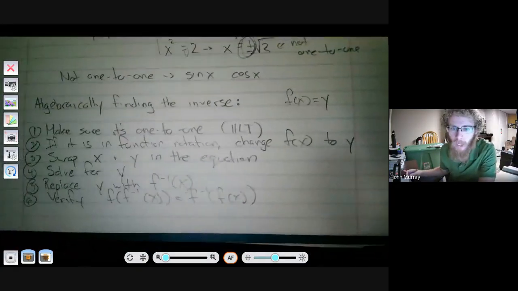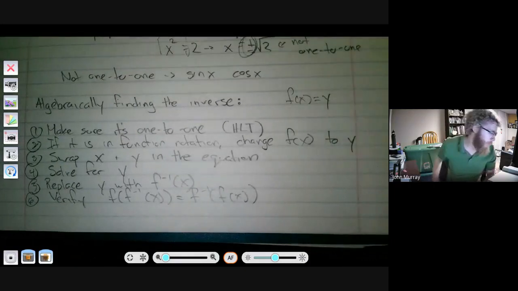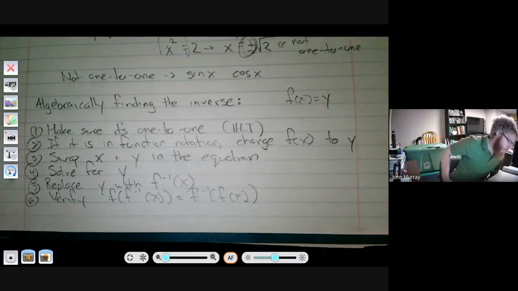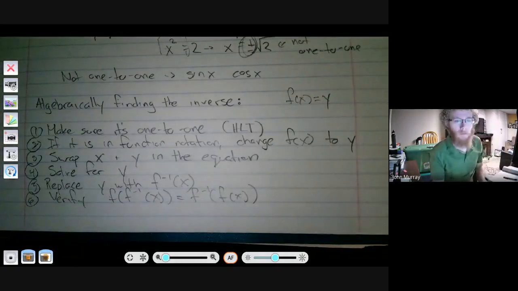All right, so I'll give you some time to write down those 6 steps, and then we'll take a look at an example and talk about it. So I'll give you a minute to finish copying that down.